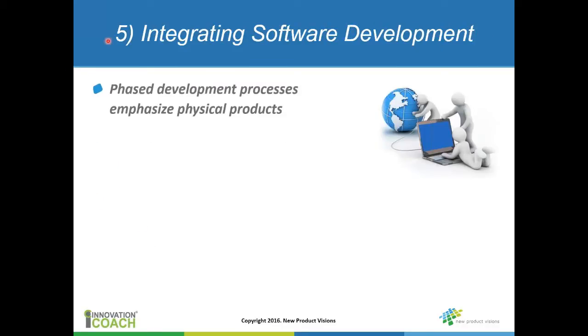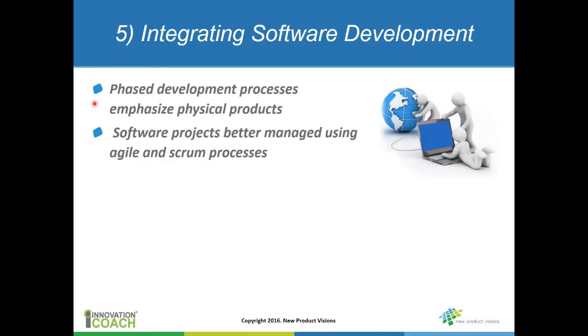Fifth is the concept of integrating software development within PhaseGate. The bottom line is the PhaseGate development processes were, emphasize physical products, but software has become obviously a lot more important. And to some degree, software projects might be better managed using Agile and Scrum.